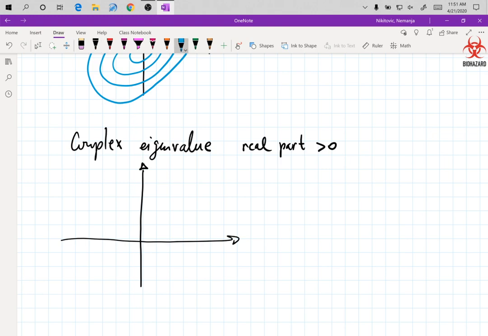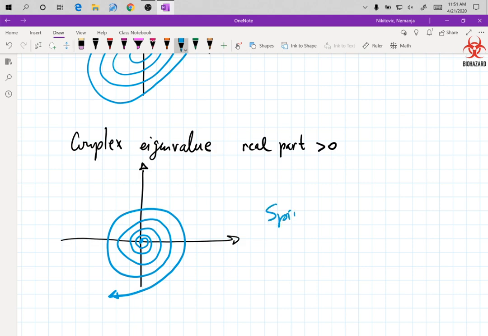So spiral motion. So it's going to go like that, and it's going outwards. So this is going to be called spiral source, right?